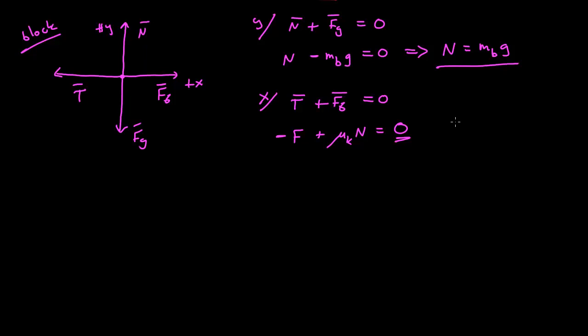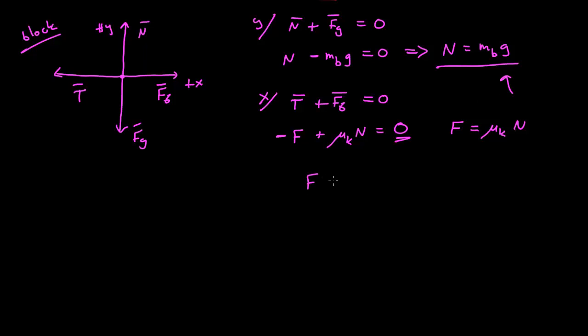So this tells us that the force on the rope is equal to the coefficient of friction times the normal force, which is given up here.